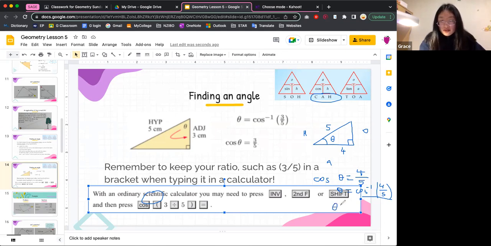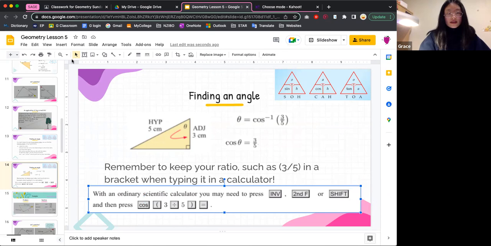So here we've got 36.9 degrees to 1 decimal place.